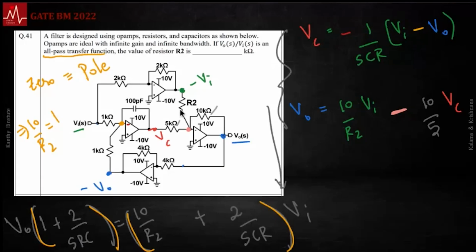Your R2 has to be 1. Oh, sorry, R2 has to be 10. I am getting that because the roots of the numerator have to be the same as the roots of the denominator. It has to be the same equation. That makes 10 by R2 has to be 1. I am comparing this term and this term there. Okay, you're not getting this part, but at least are you all fine till this equation? At this stage, notice I am answering that my R2 is 10.